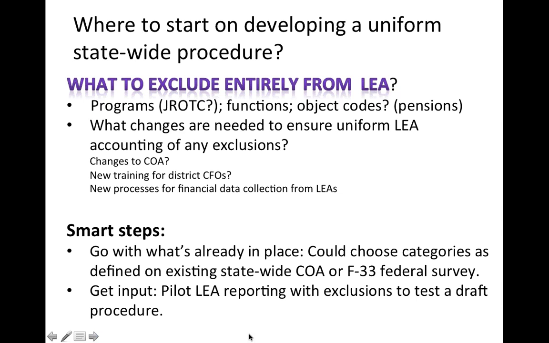We listed out some quick smart steps, but first, go with what's already in place. Do the best you can to choose categories that are defined already on your existing statewide chart of accounts, or the F33 federal survey. All the states do submit that F33 survey, and if you try to use categories that are on there, you'd probably be closer to getting uniformity across all of your LEAs. That's just a good way to start thinking about defining what's in and what's out from your LEA expenditures.